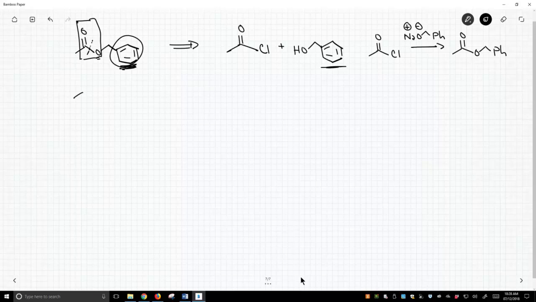Let's see another. If we wanted to make this compound, again, you might get distracted by the seeming complexity of the R groups, but in the end, these are just R groups. So to do this, we need an acid chloride again.